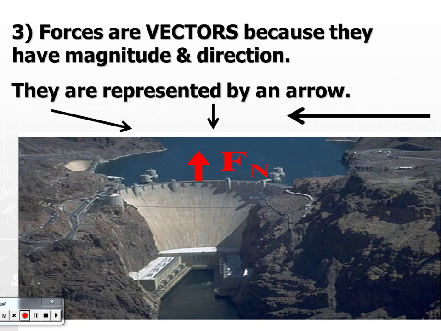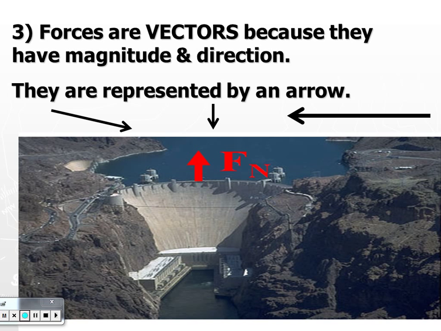So for example, here I have a dam. A force is being applied to the dam, or the dam is applying a force to the water that's keeping the water from flowing through the dam. Forces that keep things from falling through or support things are called normal forces. For example, everything on top of this desk is being supported by the desk. So the desk is exerting a normal force on them.